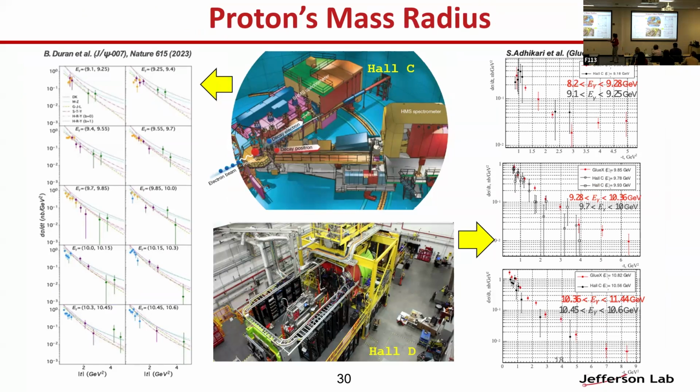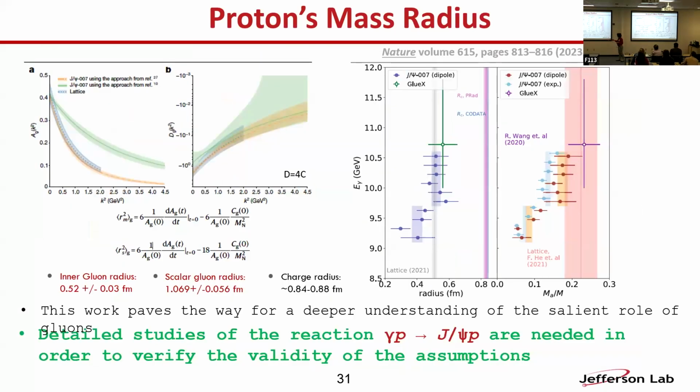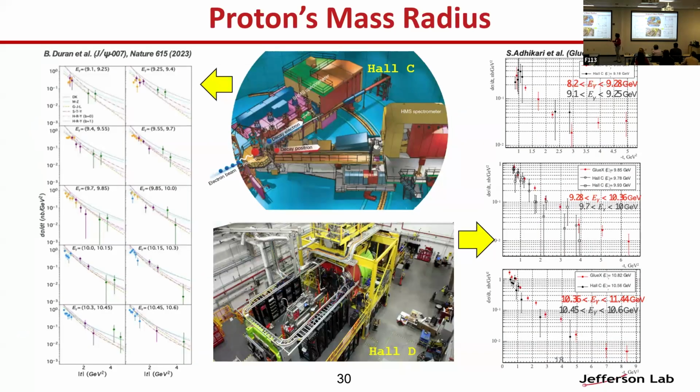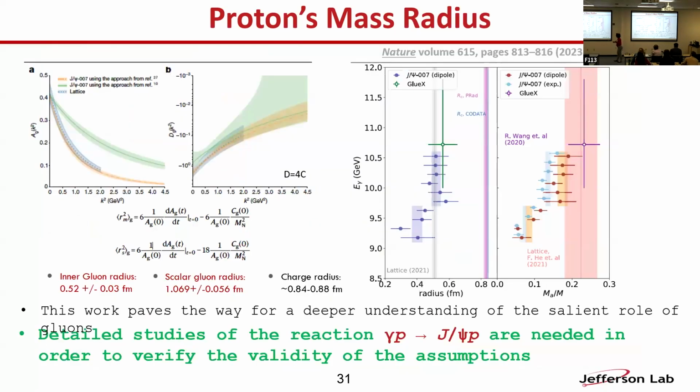We fit the data with some phenomenological or theoretical expression which contains the gravitational form factors, A and C. This is the data that we got from the Hall C experiment and this from the Hall D experiment.